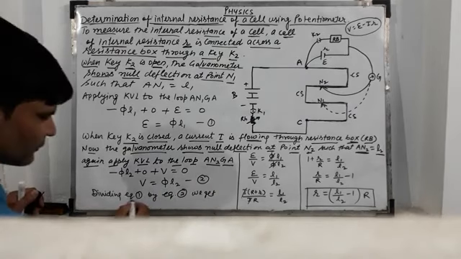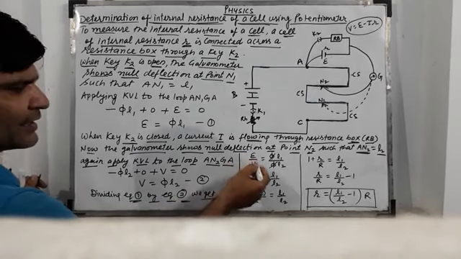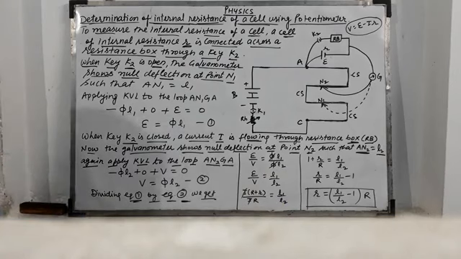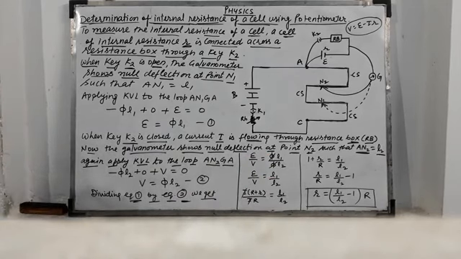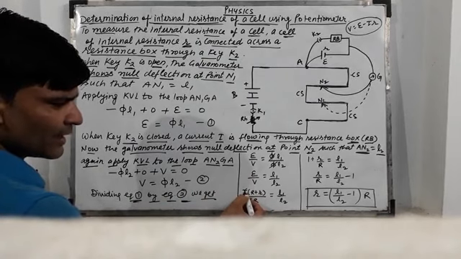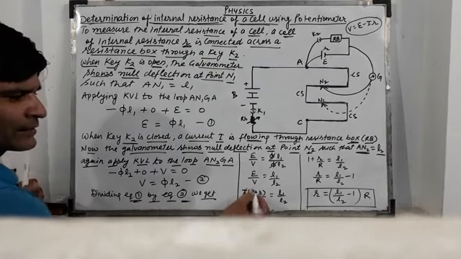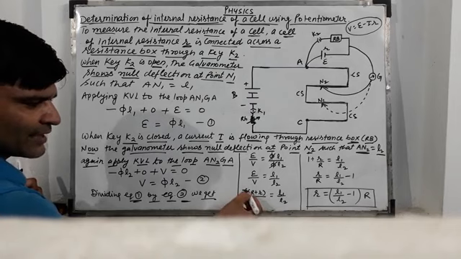Dividing equation 1 by equation 2, we get E upon V is equal to phi L1 upon phi L2. Phi cancels out, then we get E upon V is equal to L1 upon L2. But E is equal to I into capital R plus small r, the total resistance, upon V is equal to IR.